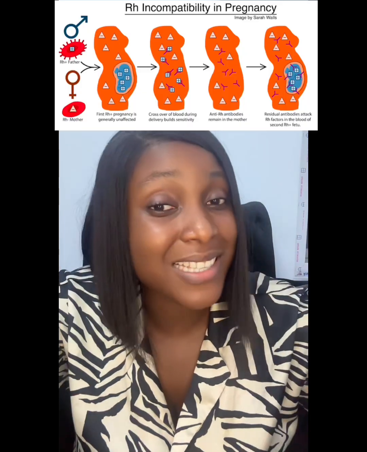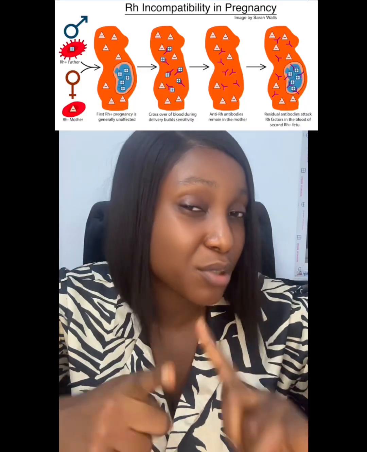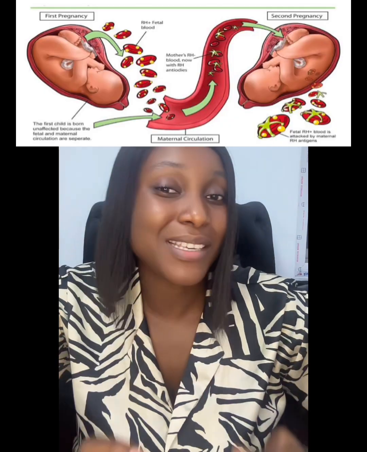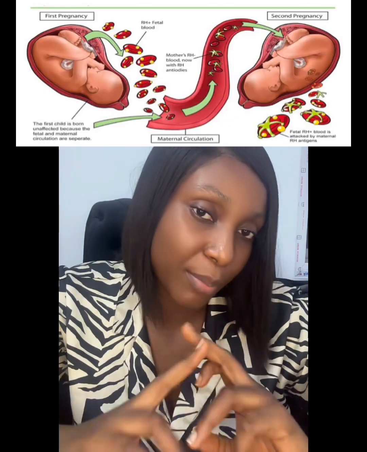Just that very normal, minute combination will cause the mother's immune system to mount a heavy attack on that child's blood type. That is the Rhesus factor. Remember I told you that the Rhesus factor is a surface antigen on your red blood cell. So in conclusion, the mother's immune system is attacking that child's red blood cell.